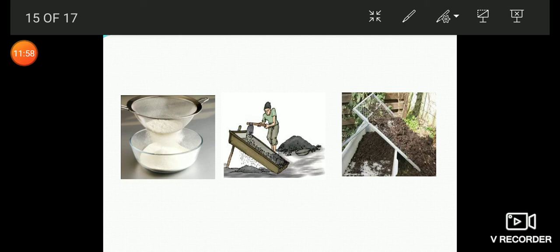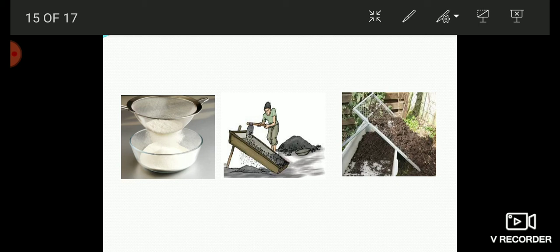You can see in the first picture, suppose your mother is sieving this atta, so the fine particles of atta will pass through this sieve, and any impurities which are larger than the size of atta will remain on the sieve. So this is separated with the help of the sieving method.